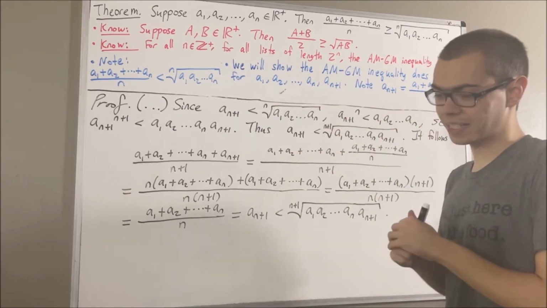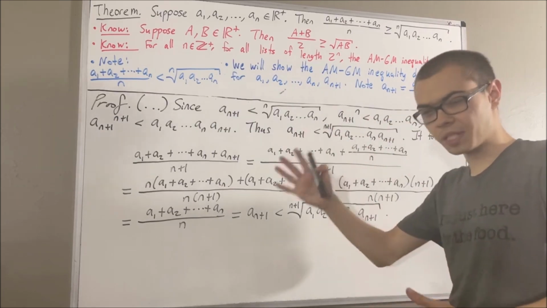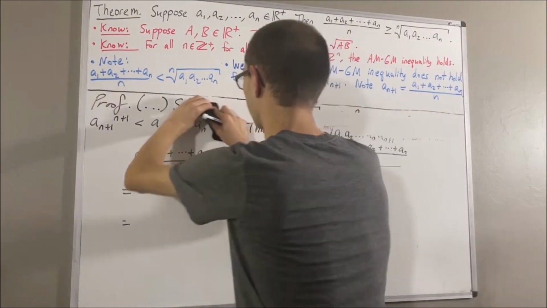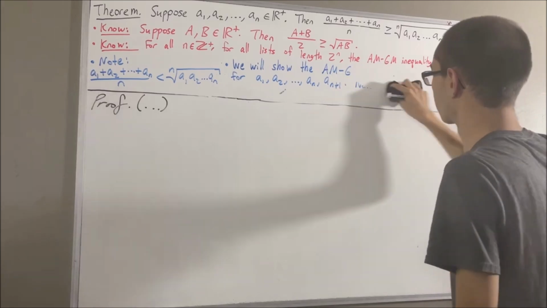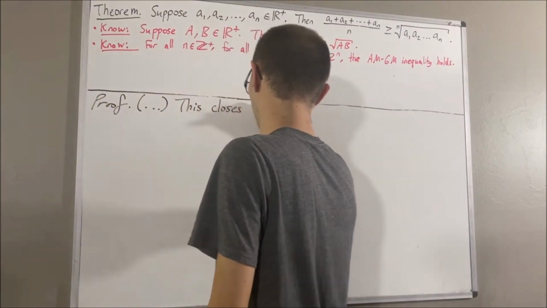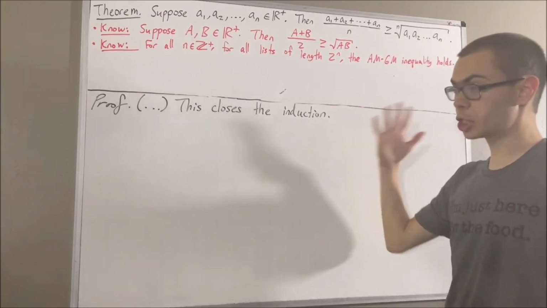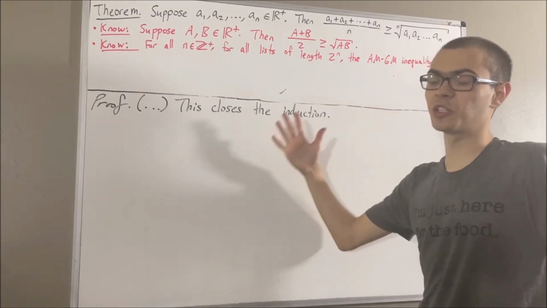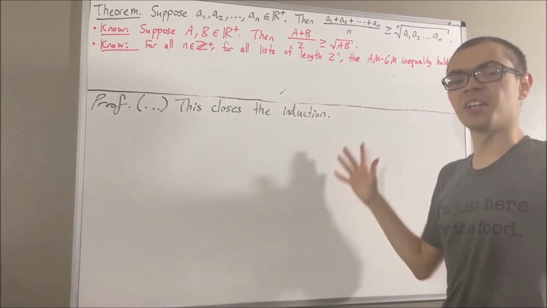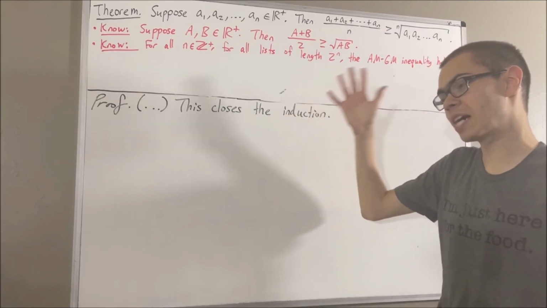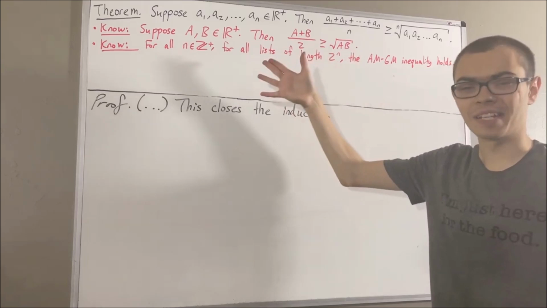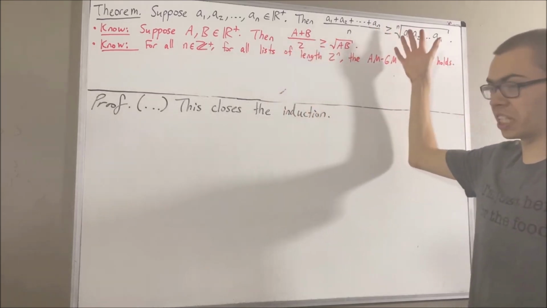Because we've completed both the base case and the induction step, this closes the induction. And what did this induction show us? It showed us, for all positive integers n greater than or equal to n naught, there exists a list of positive real numbers of length n where the AMGM inequality does not hold.